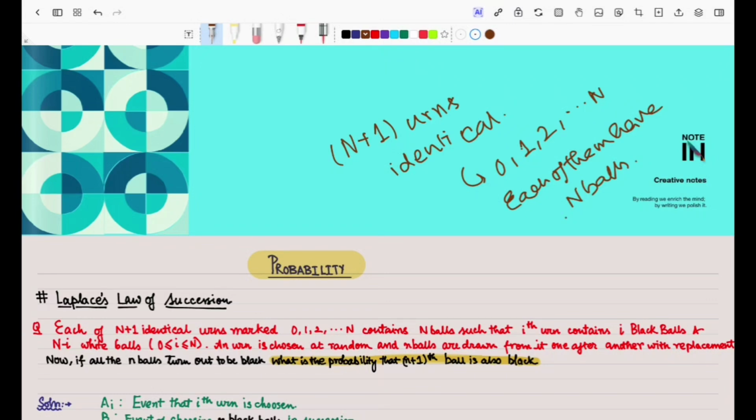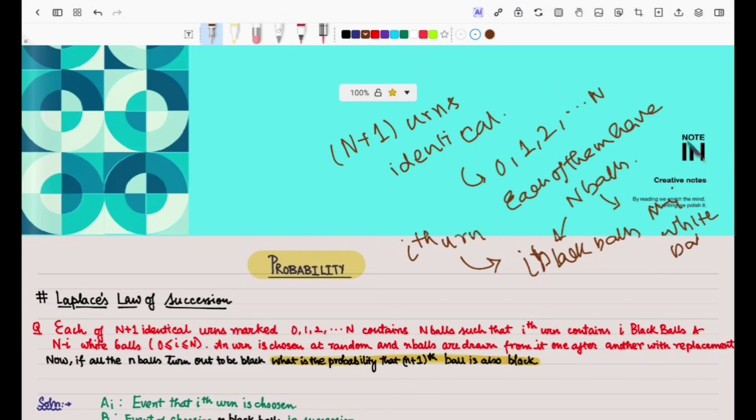Now you must be wondering about the distribution of the n balls. The distribution is such that if the ith urn is chosen, then there are i black balls and n minus i white balls.